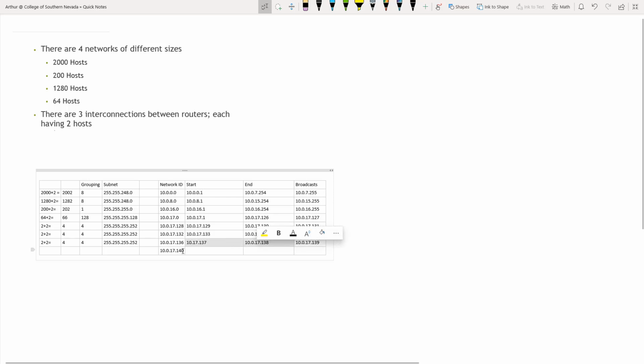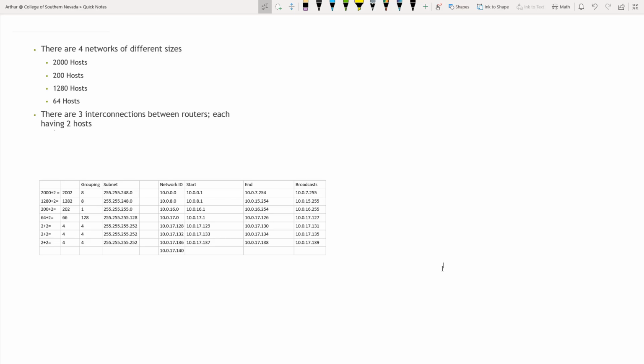These ones, you'll notice, only have 2 usable addresses, 10.0.17.137 through 10.0.17.138. That's only 2 addresses. Remember from the beginning, we only needed 2 usable addresses, so they work.